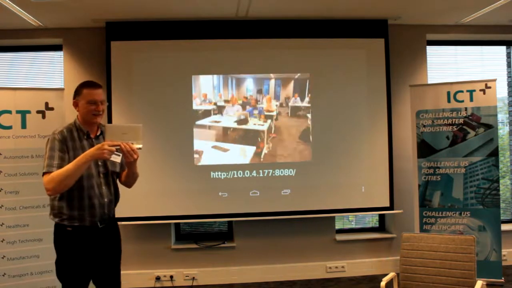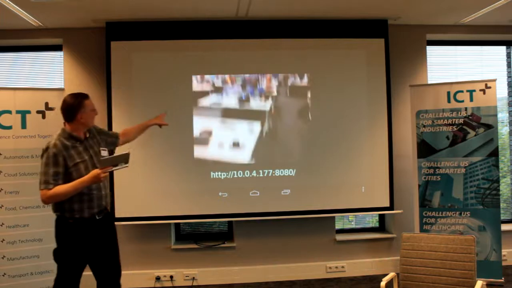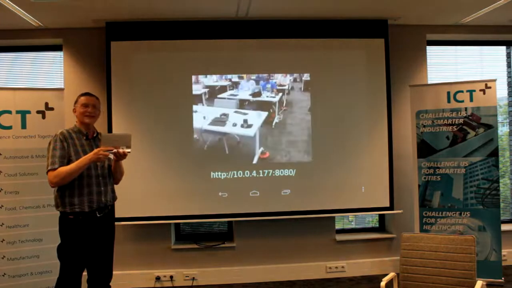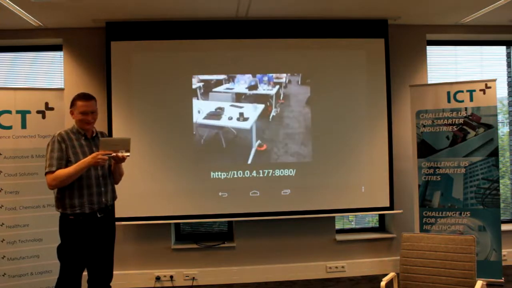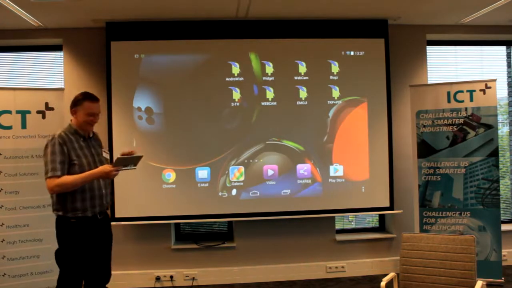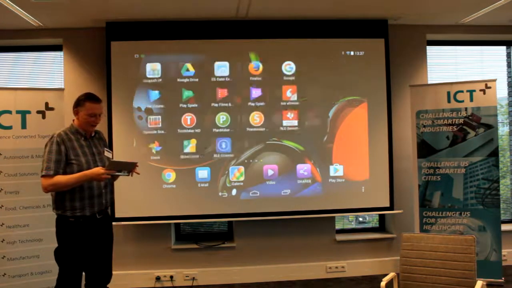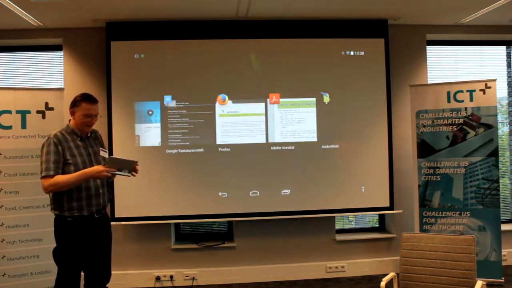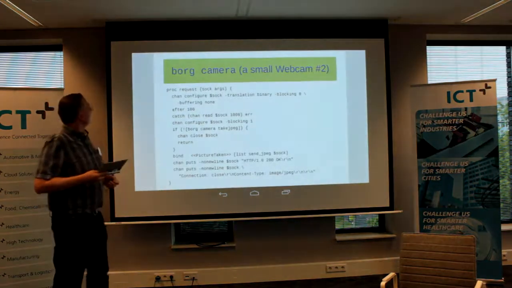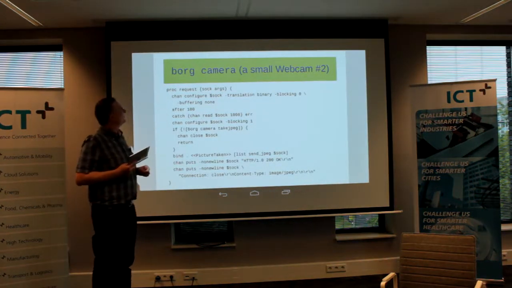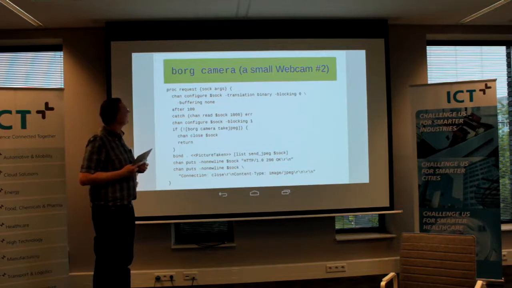That's cool. Okay, this script I think took about 100 lines, but it's small. So there's my slide. The request handling: configure the channel to be in binary mode and non-blocking and no buffering.